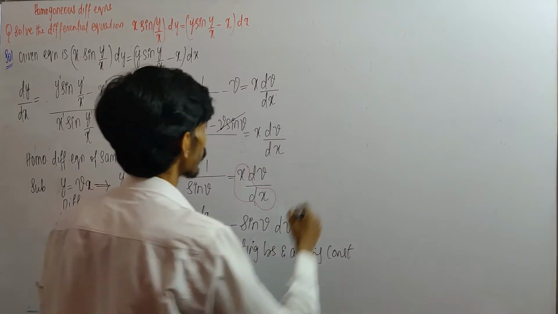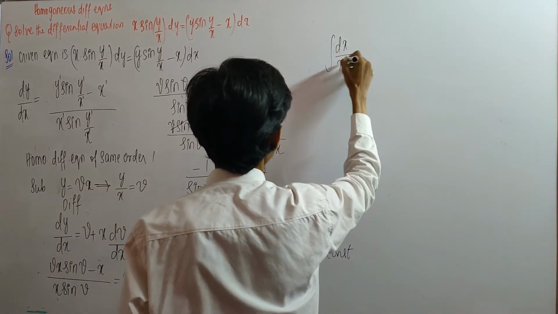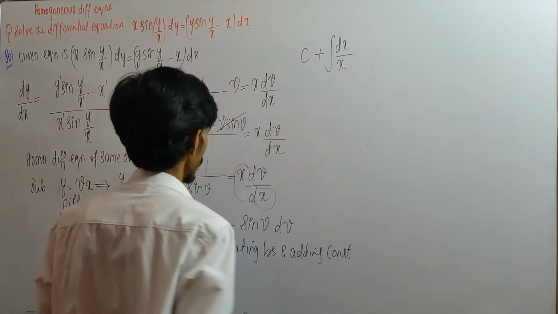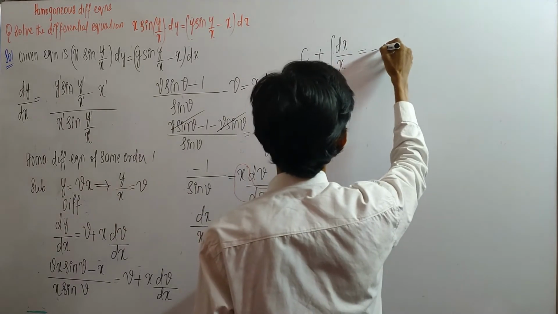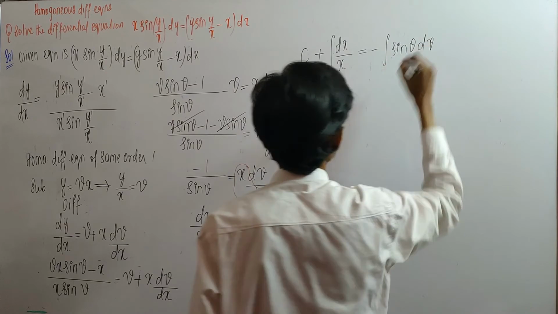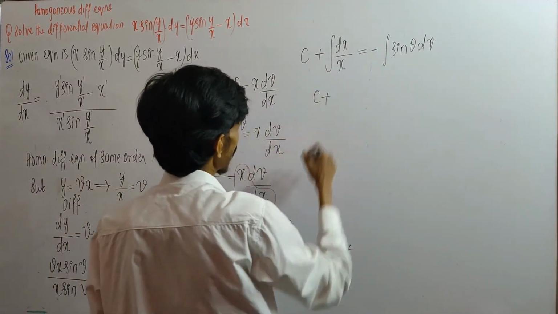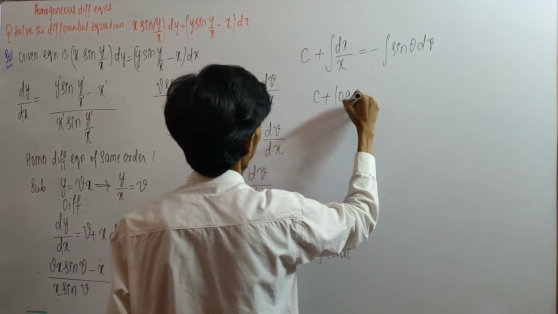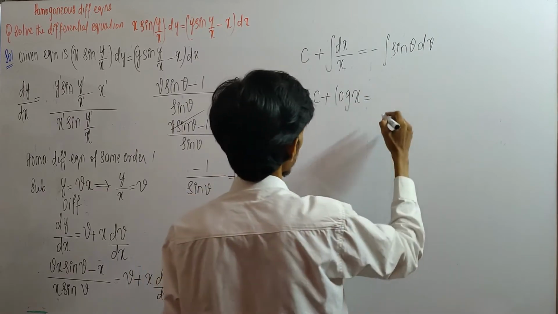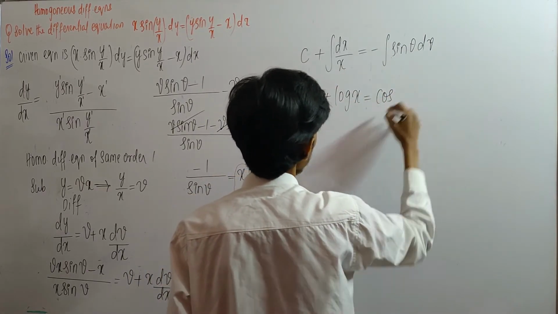So this will become integration dx upon x, let me add the constant here, c, equal to minus integration sin v dv. So this will become c plus integration dx by x, which is log x, equal to integration of sine, which is minus cos. So minus minus will get cancelled. We'll get cos v.